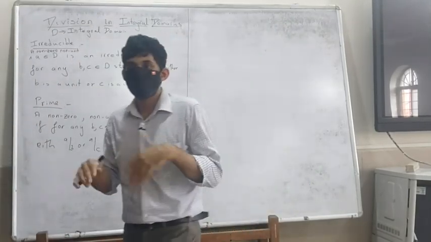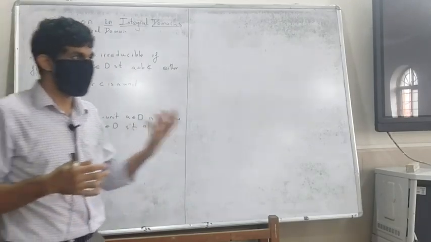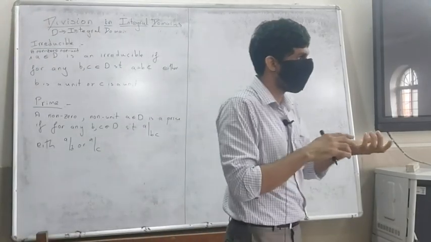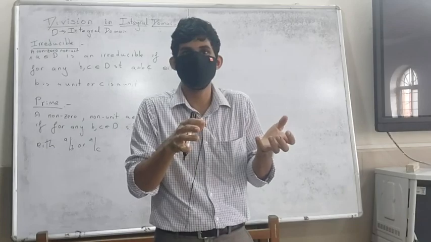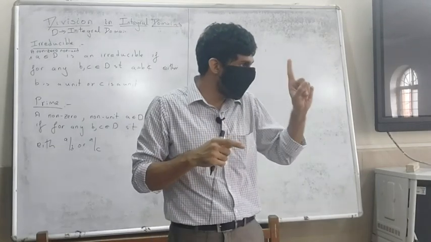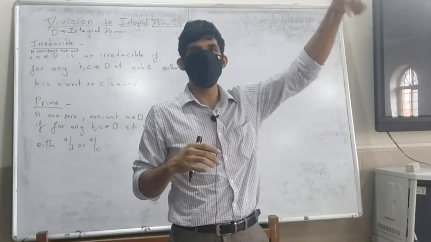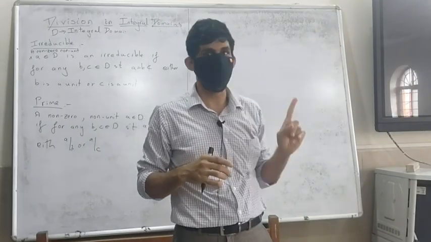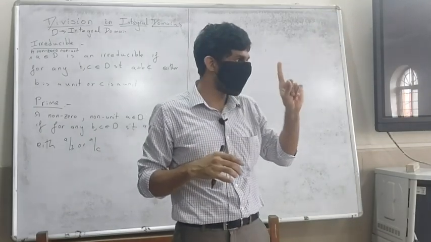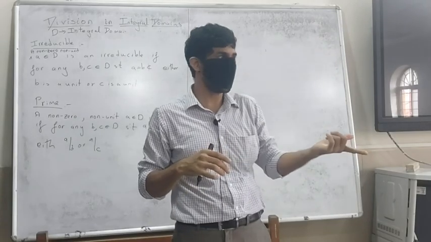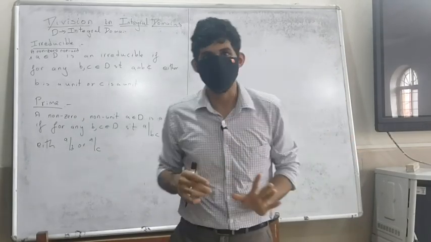Now, given a principal ideal, it has multiple generators, but there is only one monic generator. What is a monic generator? The coefficient of the highest degree term is 1. You're going to get only one monic generator because all the generators will always be associates.